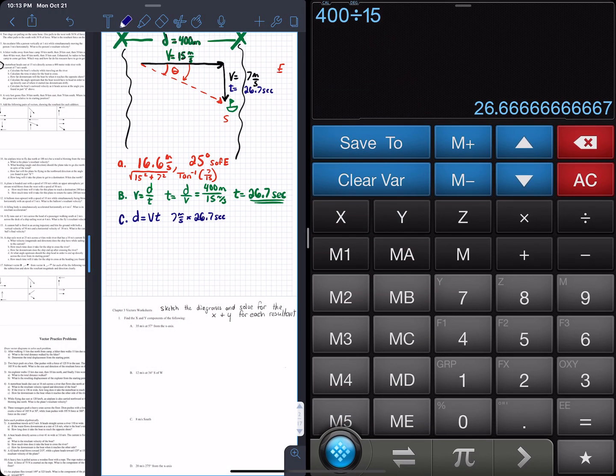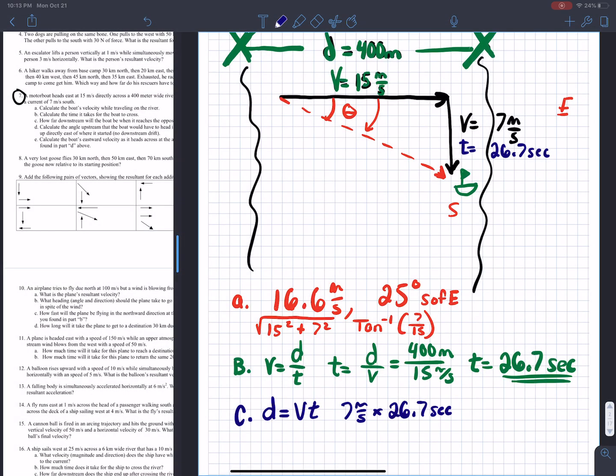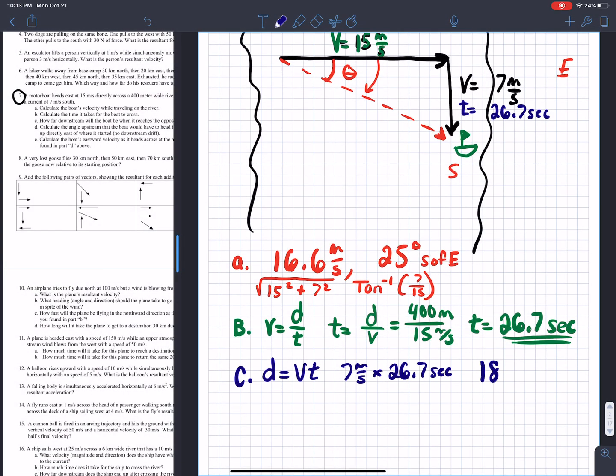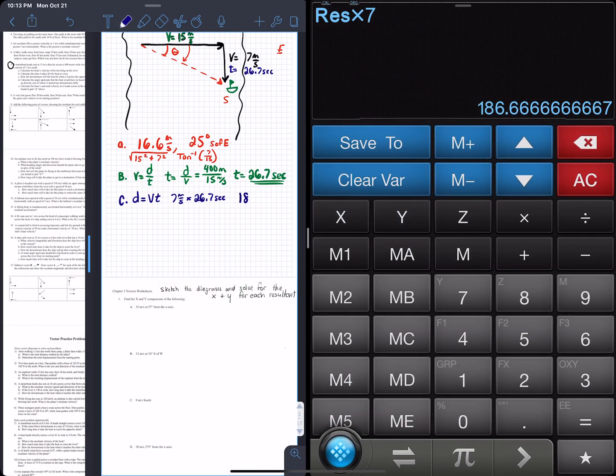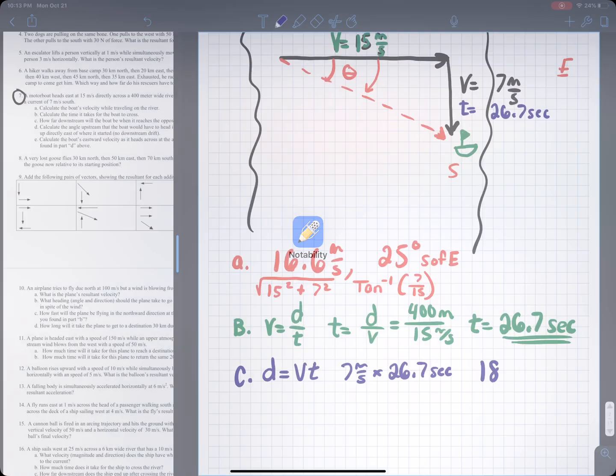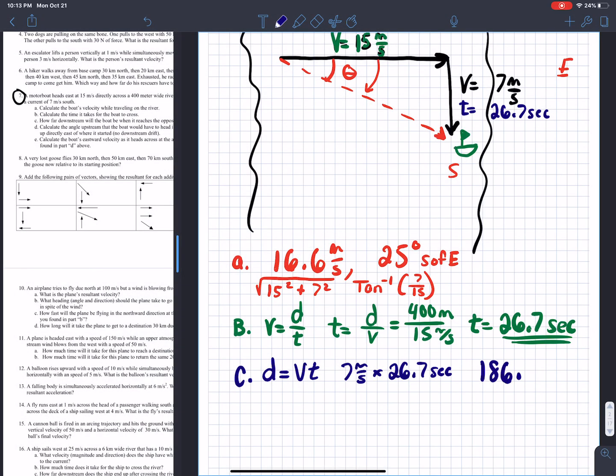And we're going to end up with, I'm just going to cheat, I'm going to go times 7, will be 186.7, we'll just say. Was it 180? Getting old, your memory goes on you. 186.7. Okay, so we have 186.7 meters downstream.